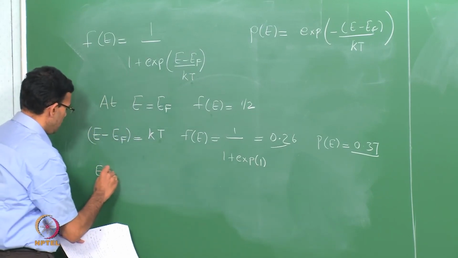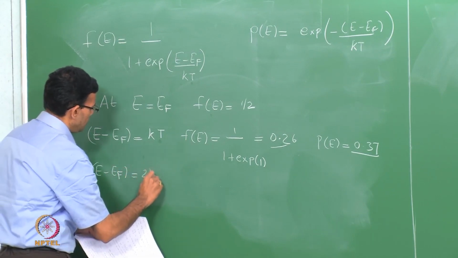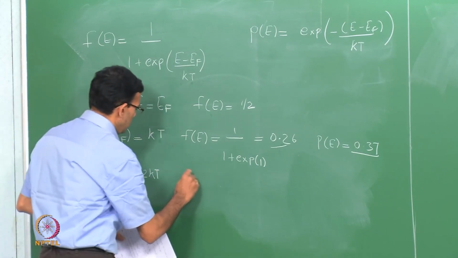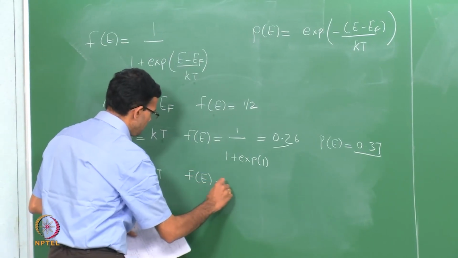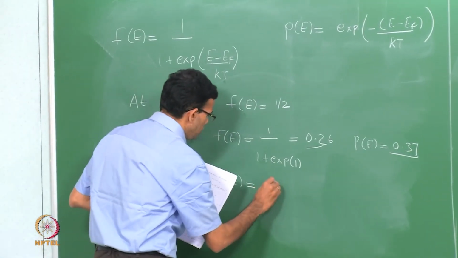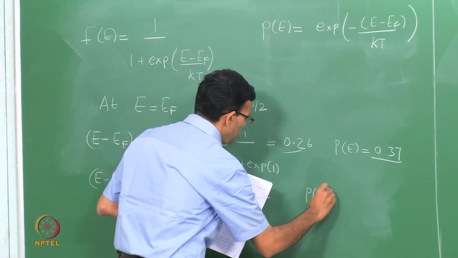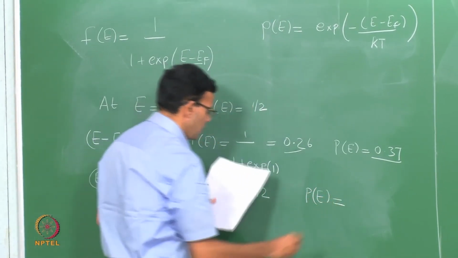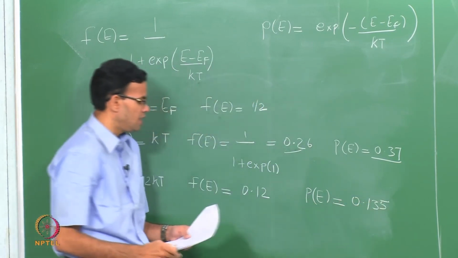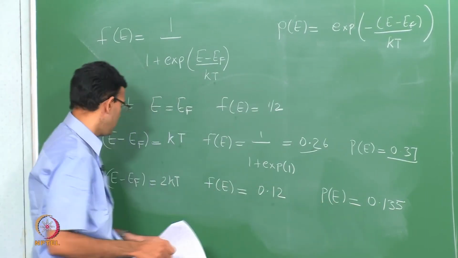What happens if E minus EF is 2 kT? So, again we can substitute, you get f of E is 0.12 and P of E is 0.135. So, once again the values are closer, but they are still not the same.